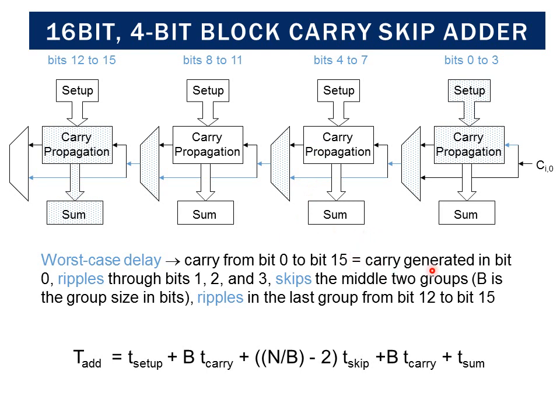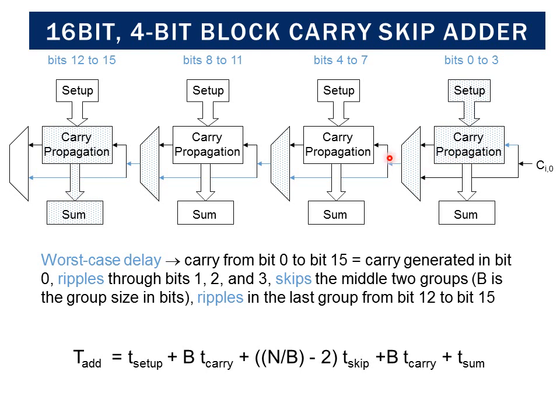The worst case delay through this circuit is when C0 is equal to 0 and the 0th bit of this block produces a carry out bit of 1, and if we are using ripple carry adders, then the worst case situation is where this emerges as C4 equal to 1.